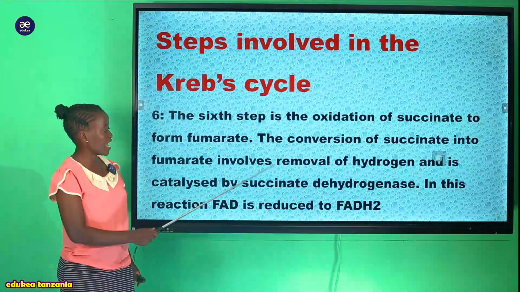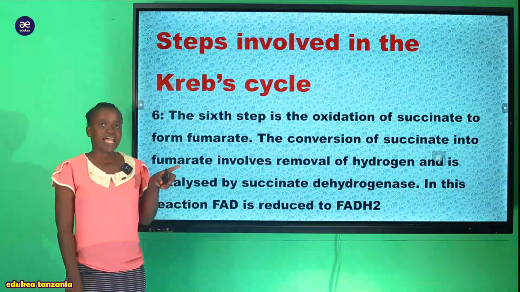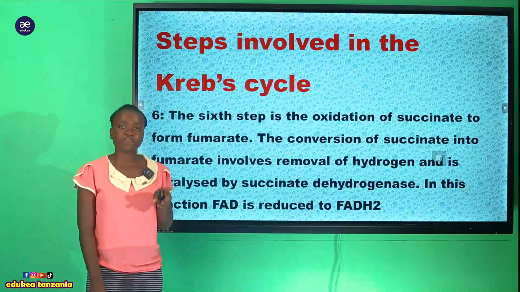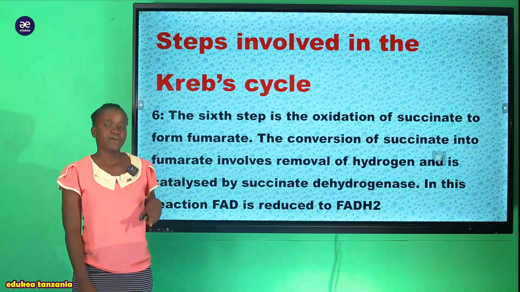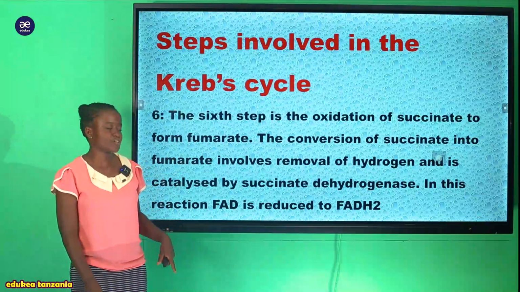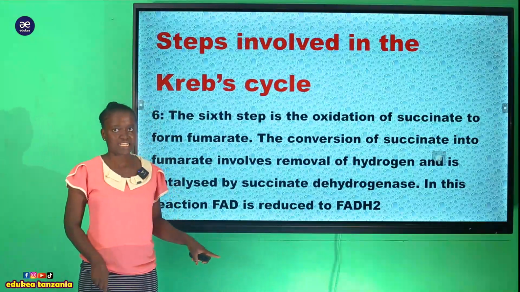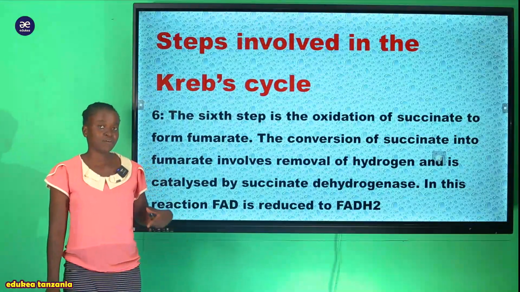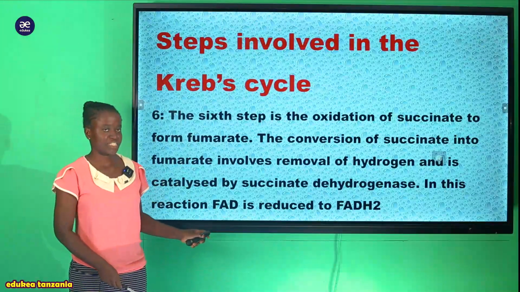Baada ya kuondoa hile hydrogen atom, but as usual, every stage in the Krebs cycle involves the presence of an enzyme. The enzyme will control this reaction. It is known as succinate dehydrogenase. So it will convert that succinate with the removal of the hydrogen atom in order to form the fumarate.